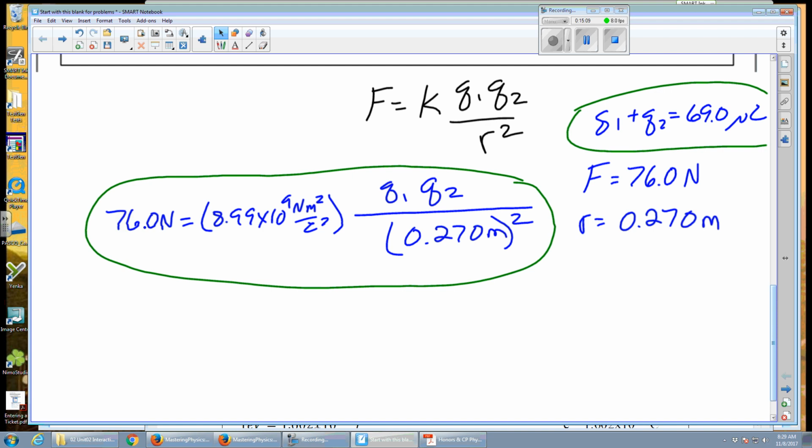But you can do the algebra, you can do substitution: solve one of the two equations for, say, Q1, substitute it into the other one, and you'd find Q2. Then you can substitute that back into the original and find Q1. So whatever algebra you need. Does everyone know how to do the algebra on that now? All right. Let me know when you're ready to move on. We'll do number 12 next.